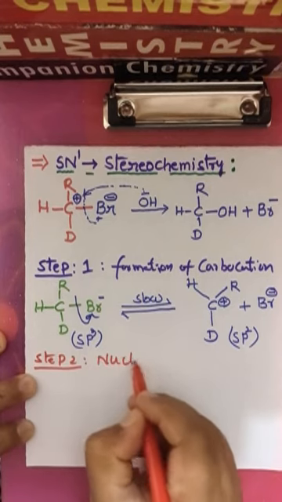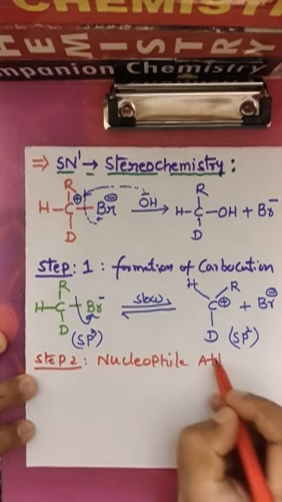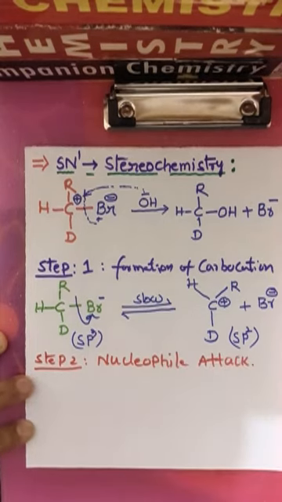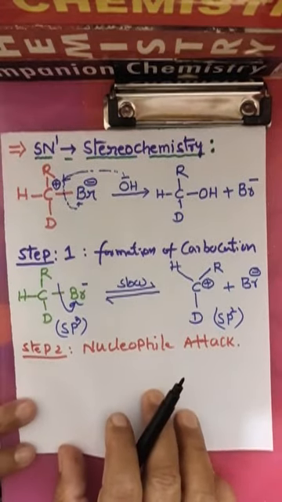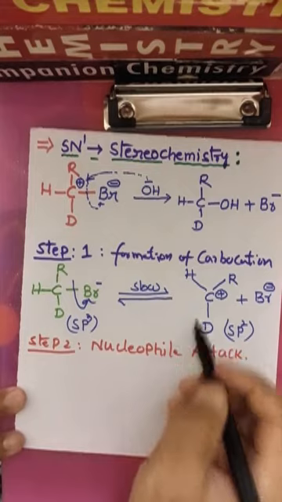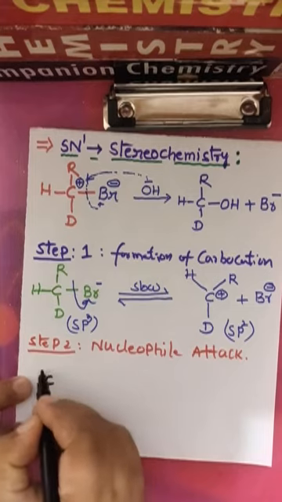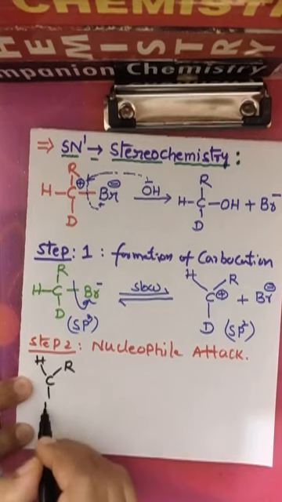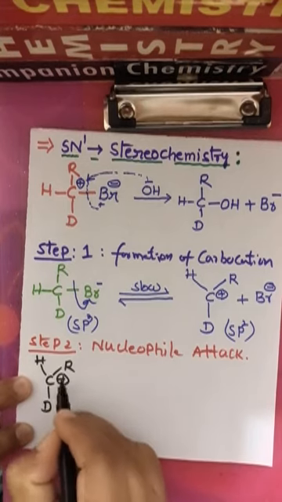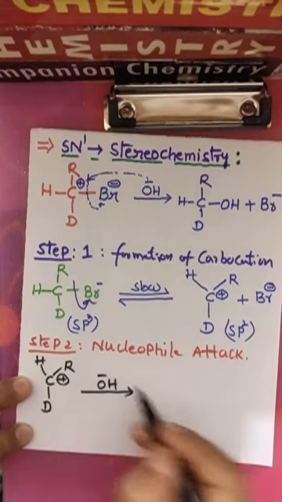nucleophile attack. So attacking of nucleophile. Now during nucleophilic attack, what change takes place according to stereochemistry? Look here, this planar carbocation I am taking, carbon, hydrogen, here alkyl group and deuteron, positive, and now the nucleophile will attack.